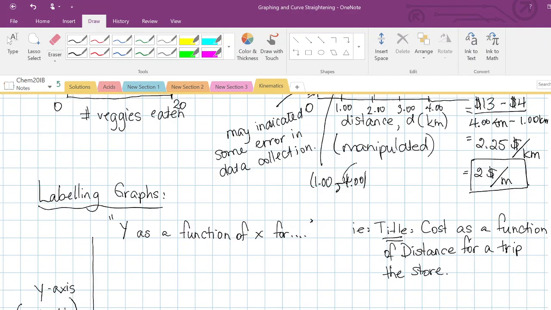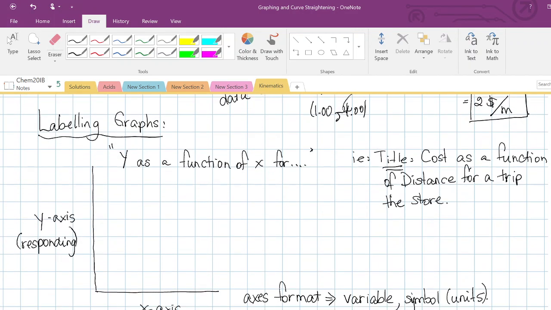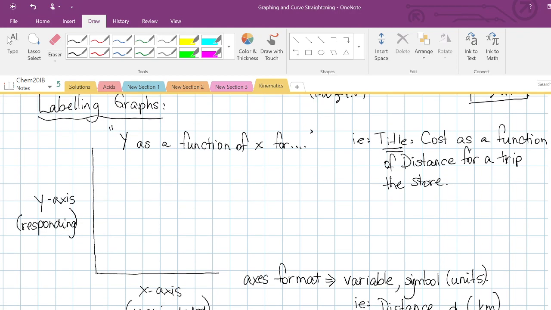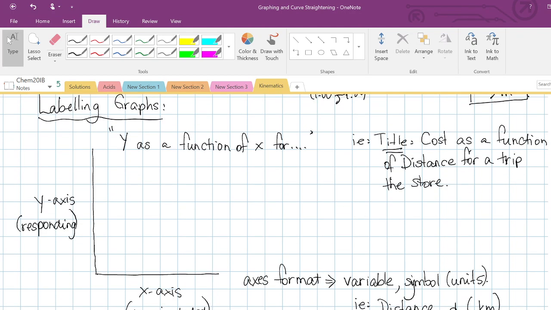Now, because we're moving into physics, there's a couple of things that we need to make sure we're good with. The first thing is that graphs have a very, very, very specific format for their title. And the title always goes y as a function of x for, and then we explain whatever it is that we're collecting data for. The y is your responding.